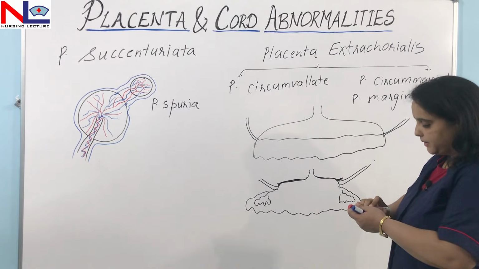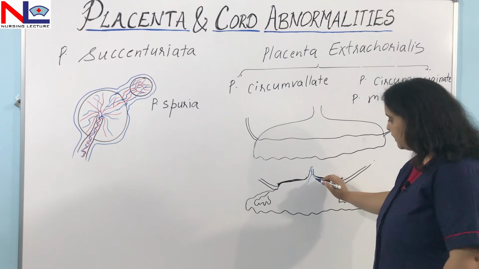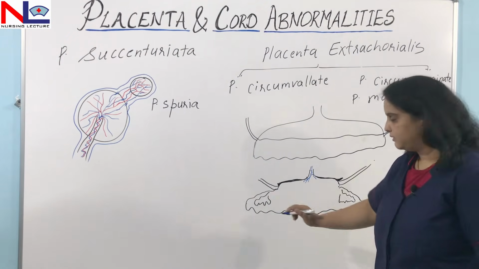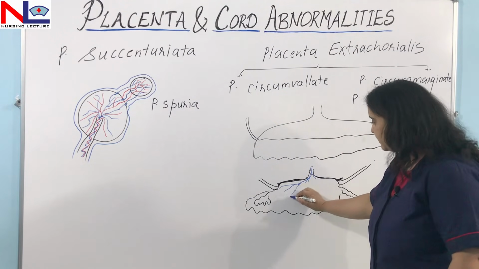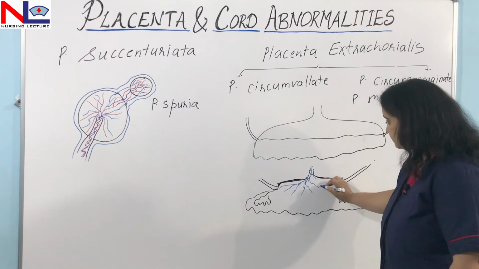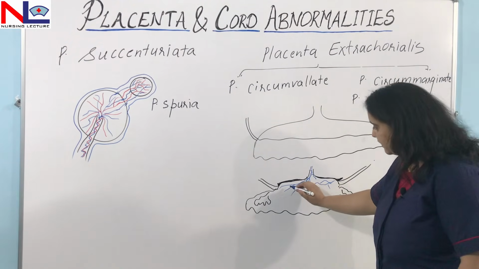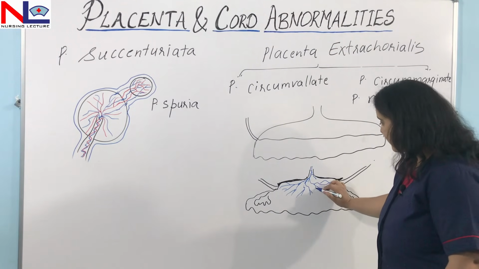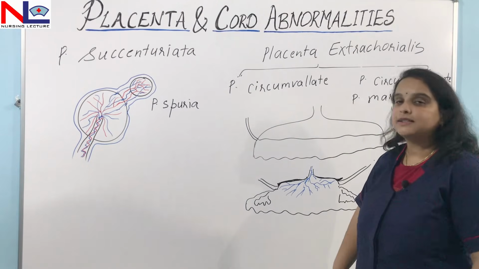The umbilical vessels usually terminate at the end of the placental margin, but here they terminate just near the center. They are terminating till the end, but they are not visible; they are visible only up to this fibrous ring. And what is happening in this placenta circumvallata?